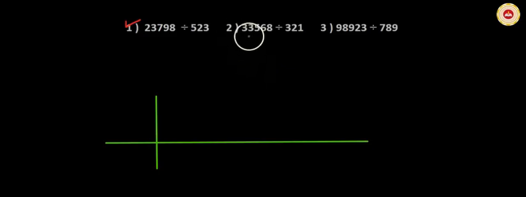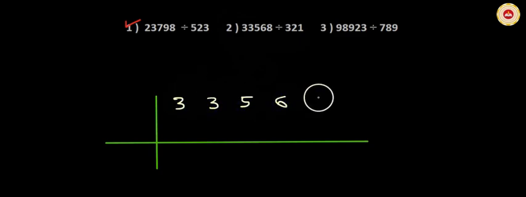Second example, 33,568 divided by 321. So let us write the dividend here, 3, 3, 5, 6, 8. What is the divisor? 321.